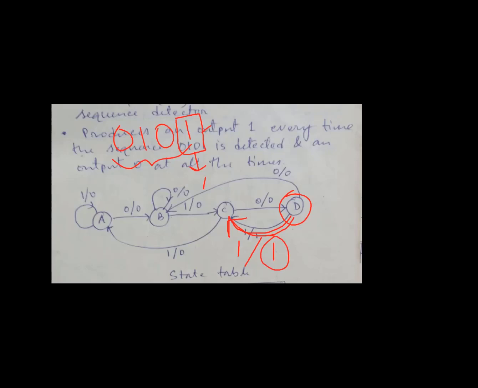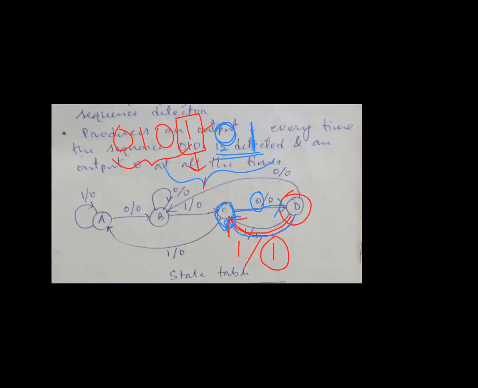Now if we go back to C, what is the advantage? Look at, from C, if your next input is 0, blue means next input, and blue means now you are in C. If your next input is 0, you can again go back to D for this 0. And after this 0, if your next bit is again 1, then from D again you can go back to C. And when you get this 0 1, then again your sequence repeats 0 1 0 1.